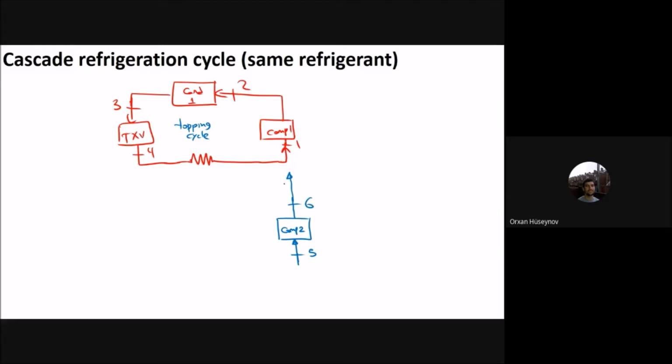Then you have the 6 here. Then it goes in that direction. You will have the same process, and for the topping cycle, this one is the evaporator. Just write the name of it. Okay. But for the bottoming cycle, this is the condenser.